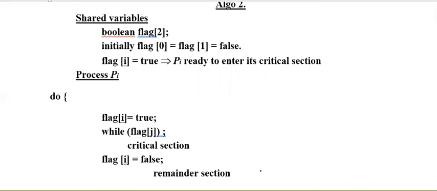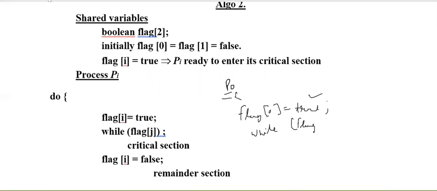So similarly, suppose flag 0 is true. That is for the P naught process. Whenever the P naught process wants to enter, it first needs to make its flag true, and then it will check while flag of j is true.